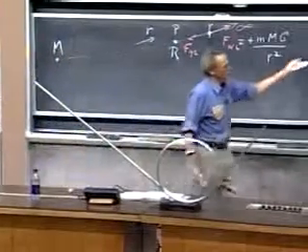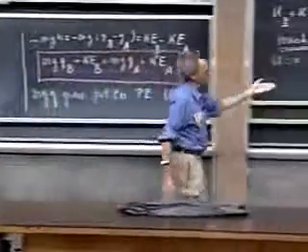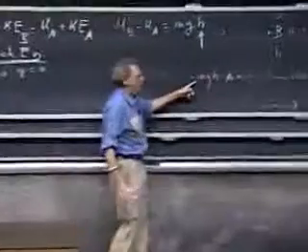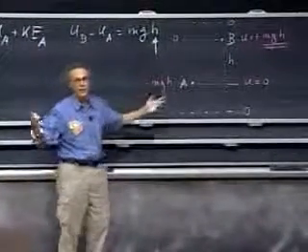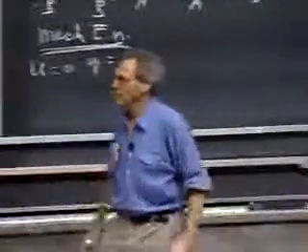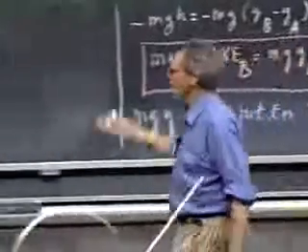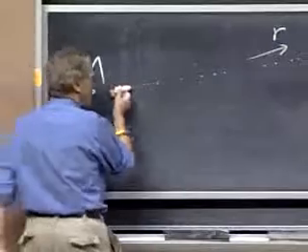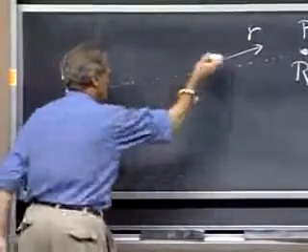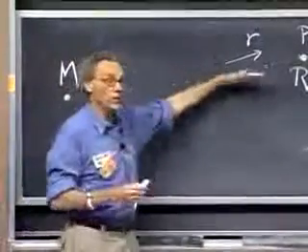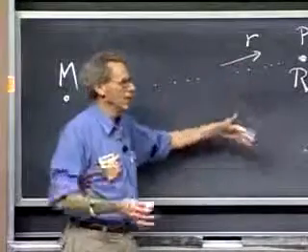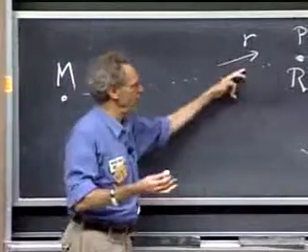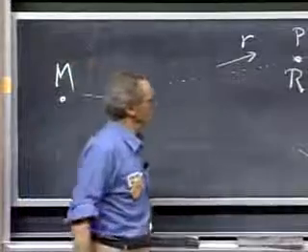Remember that depending upon how you define your zero level here, you also end up with negative values for potential energy. So there's nothing sacred about that. What is important, of course, if we get the right answer for the gravitational potential energy, is that when we move away from this object the gravitational potential energy increases. That's all that matters. But whether it is negative or positive is irrelevant.